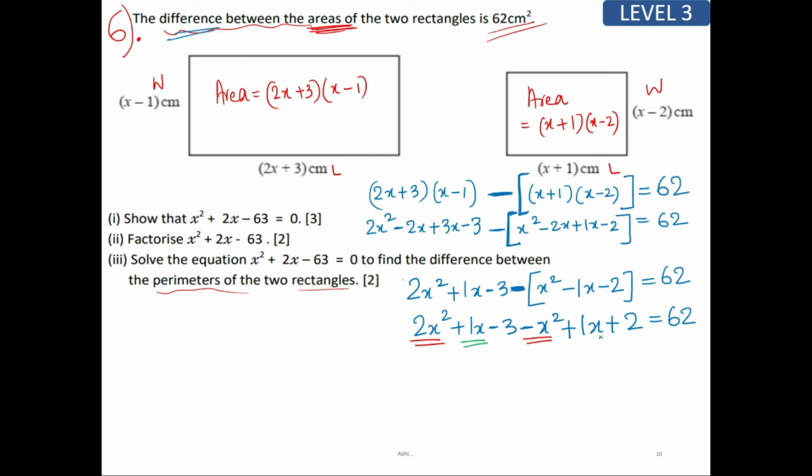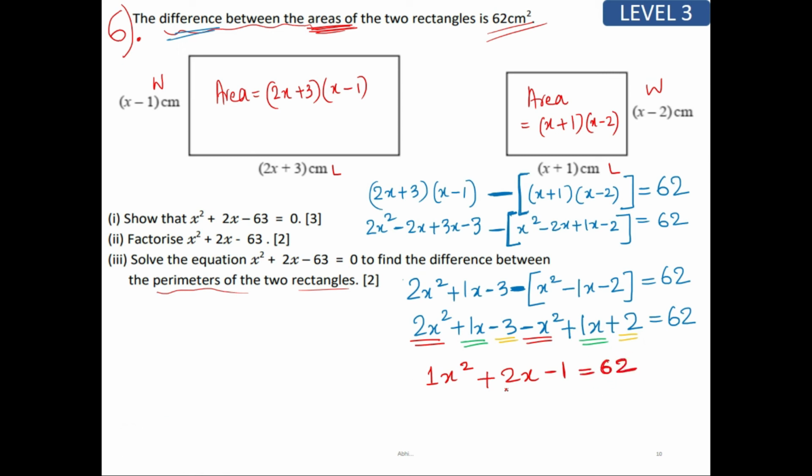Combining the like terms, I have 2x squared and a negative x squared. I have plus 1x and a plus 1x here, and I have a negative 3 and a plus 2 here. So my answer is going to be 1x squared plus 2x minus 1 equals 62.